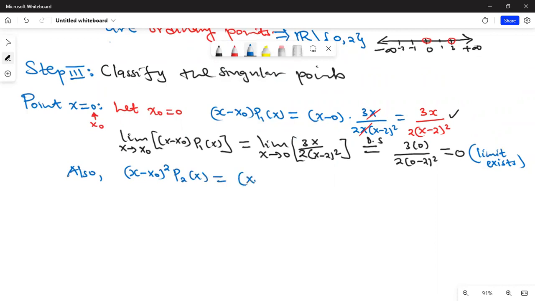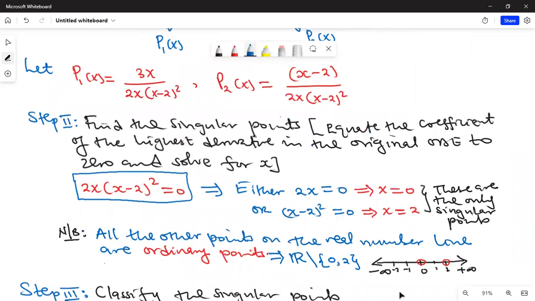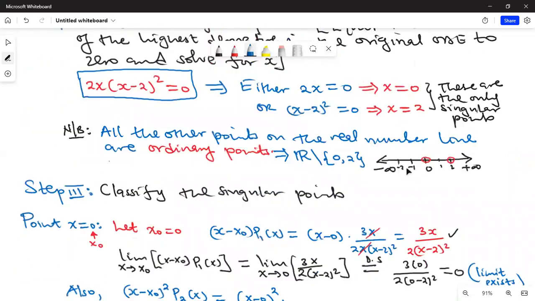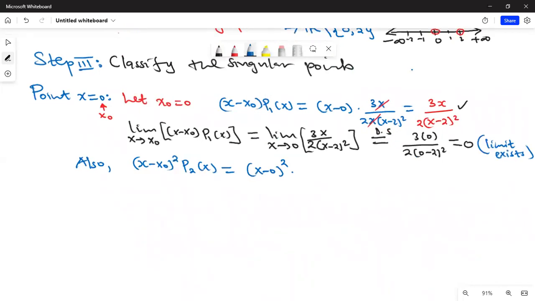It is x minus 0, now it is squared, and our p2 was x minus 2 over 2x into x minus 2 squared.